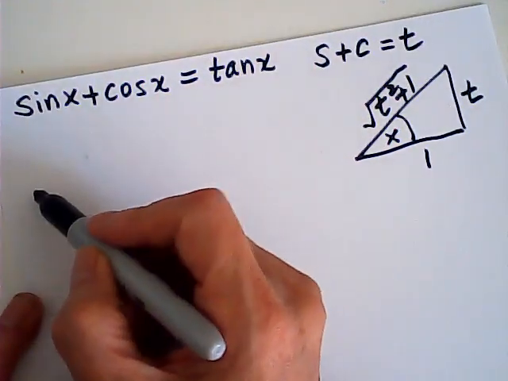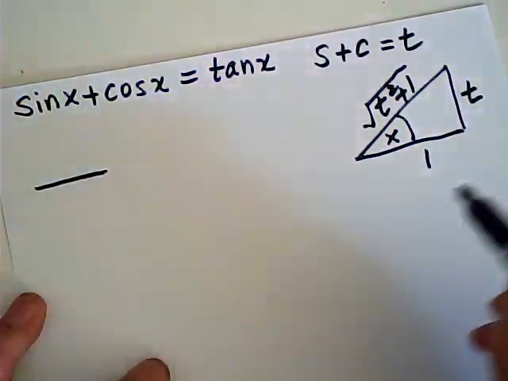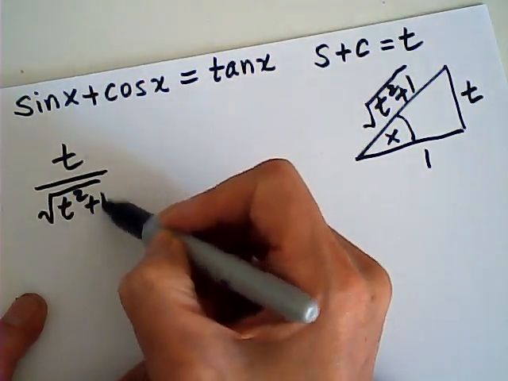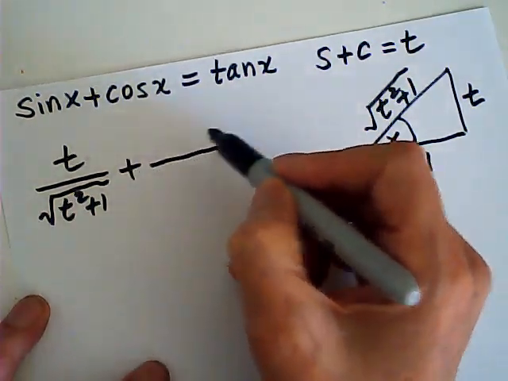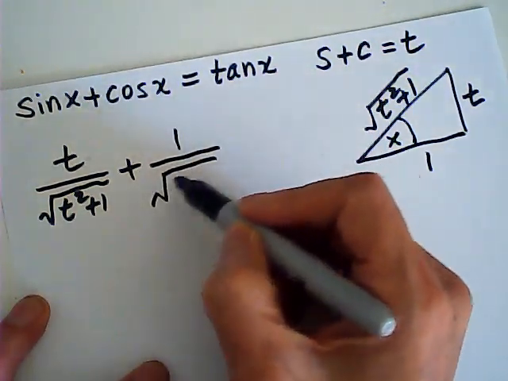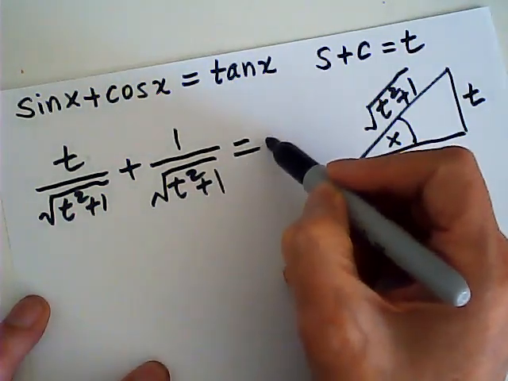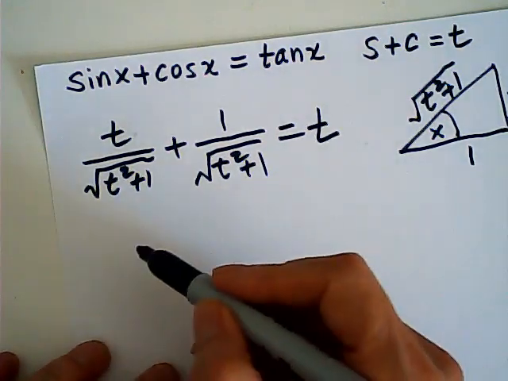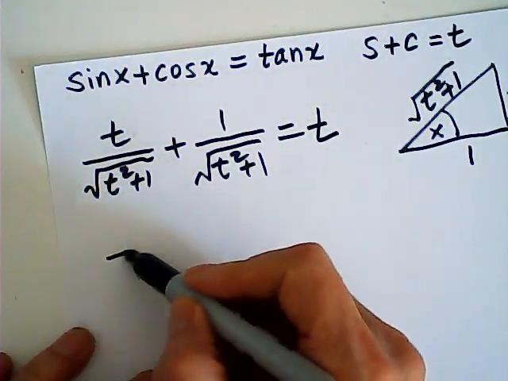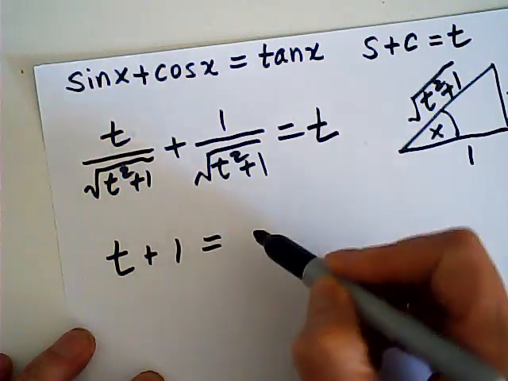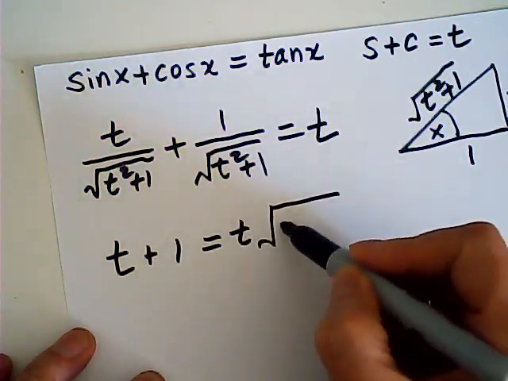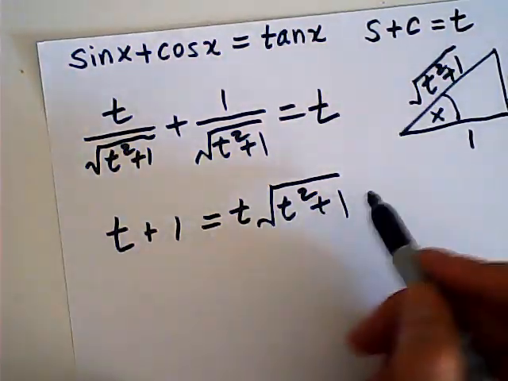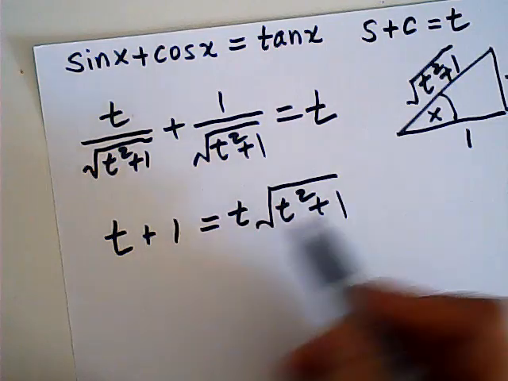So my equation becomes t over square root of t squared plus 1, plus 1 over square root of t squared plus 1, is equal to t. And then you have t plus 1 is equal to t times square root of t squared plus 1. Then we square both sides. Then we simplify.